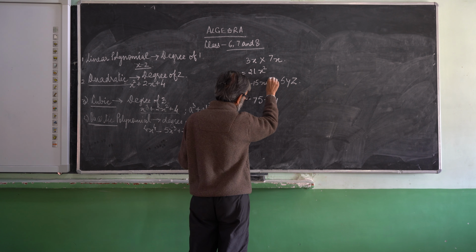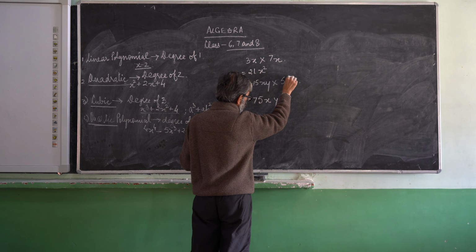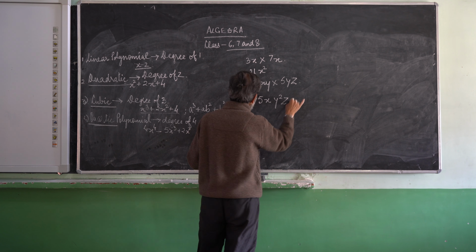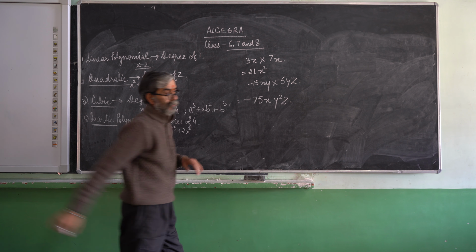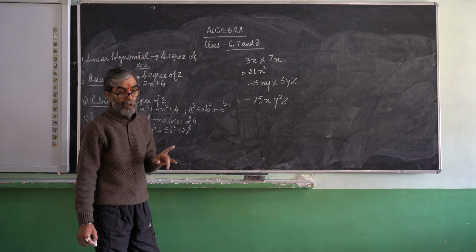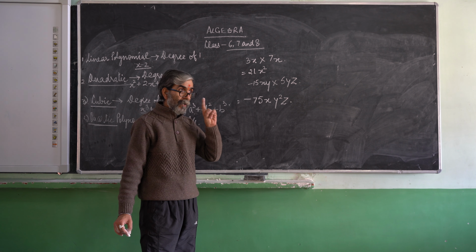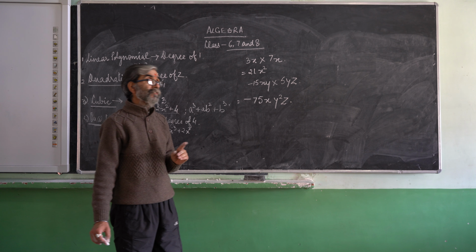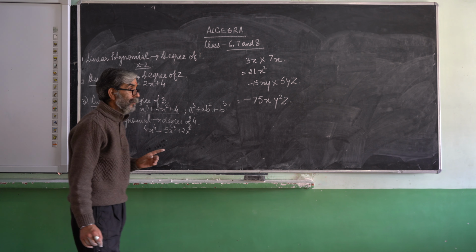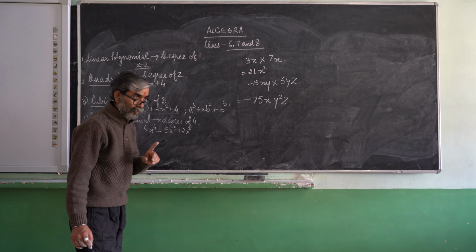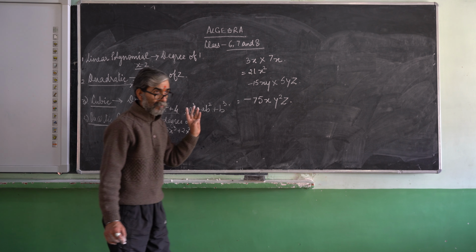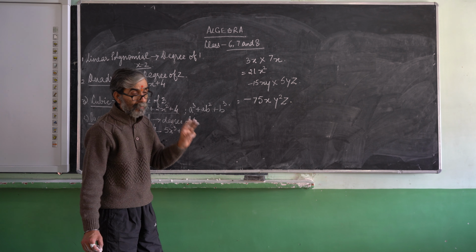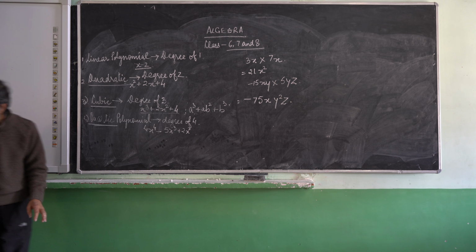The power of y is 1 over here, and in the other term y is also 1, 1 plus 1 is 2, and z. This is your answer for this multiplication. Remember, when numbers with same signs are multiplied, the product will always be positive. Multiplication of different signs, the product will be negative. Is it clear?